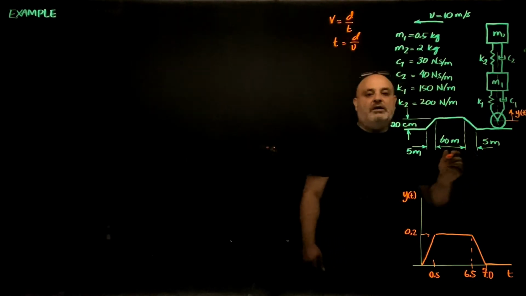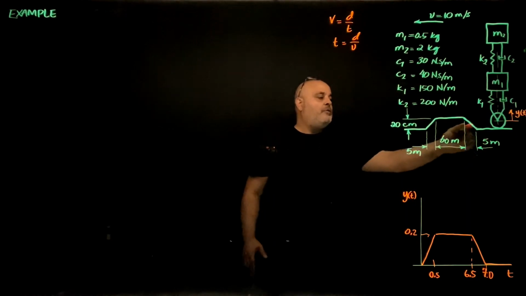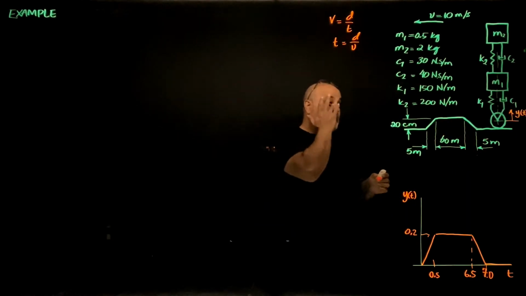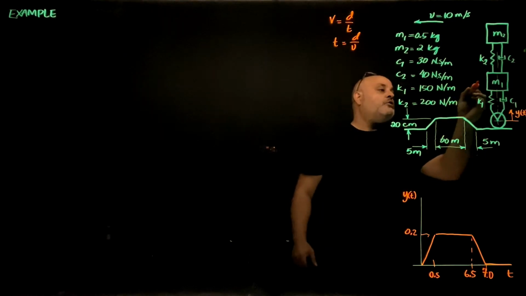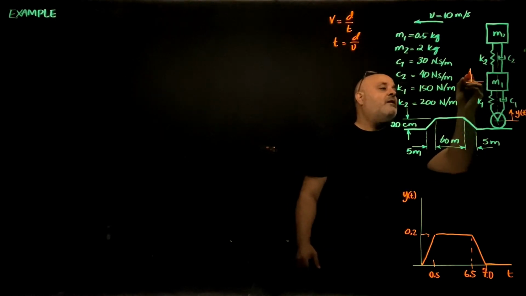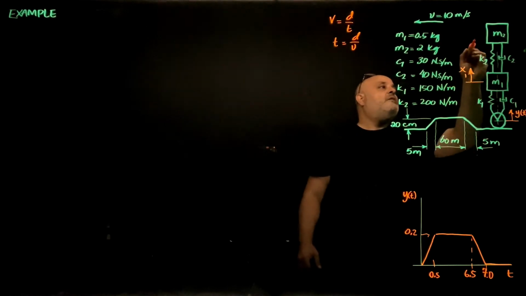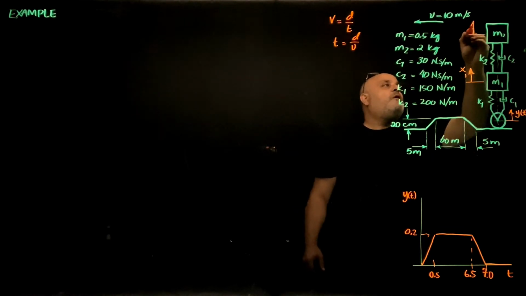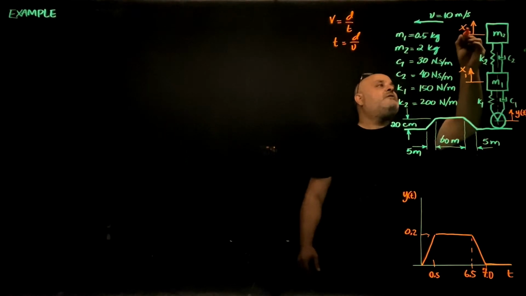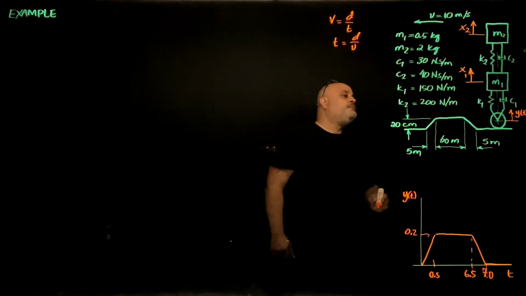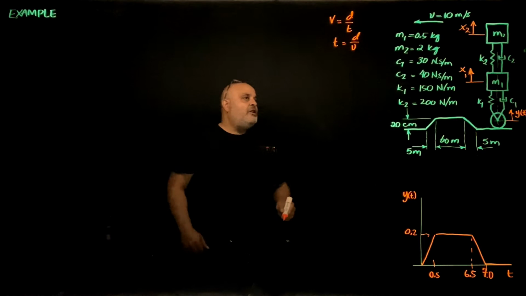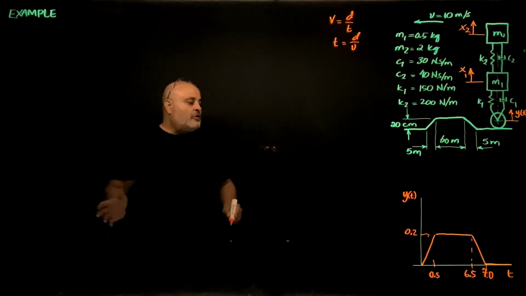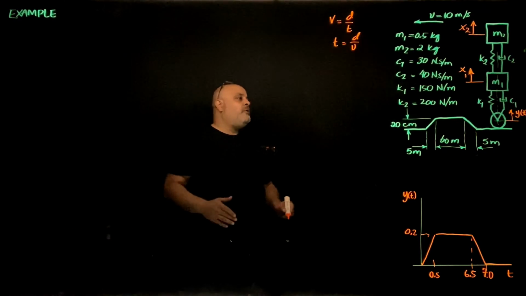The wheel will follow the profile of the road, and let the motion of m1 be x1, and the motion of m2 be x2. So now we need to go ahead and derive the equations of motion.